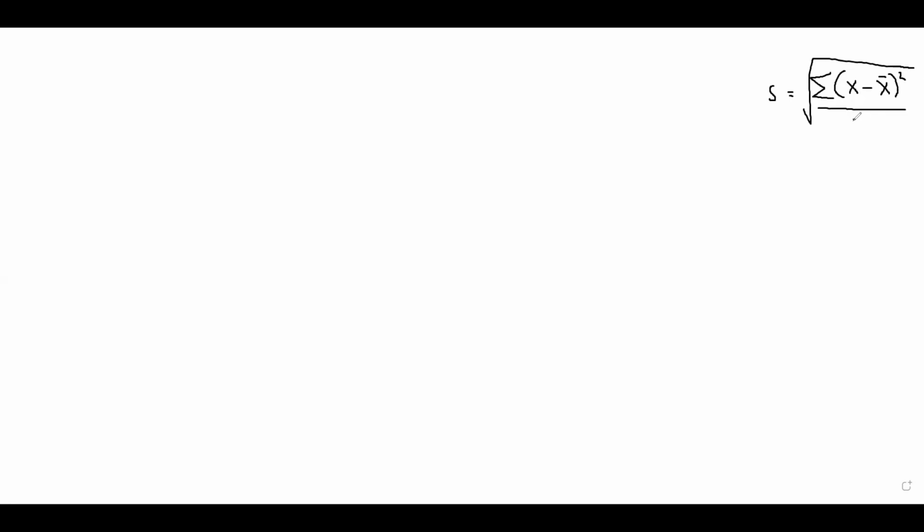And I divide this by the number of elements in my sample, which is n, which is actually n minus 1. And then extract the square root. And that's how we actually produce the so-called standard deviation: the spread of sample elements around the center, around the sample mean.